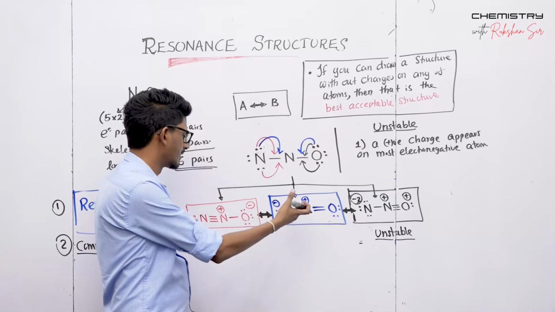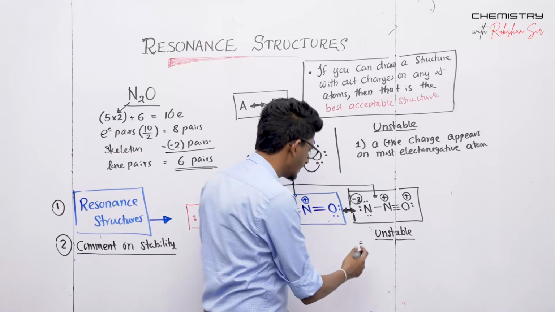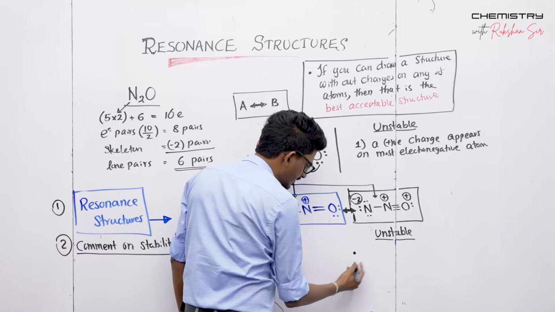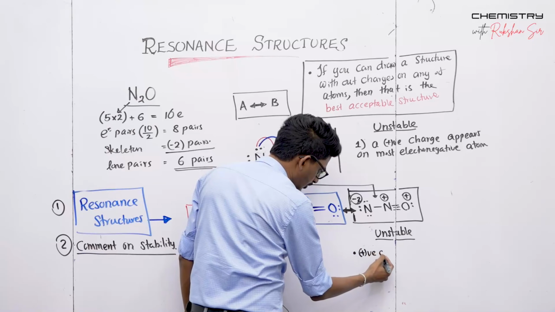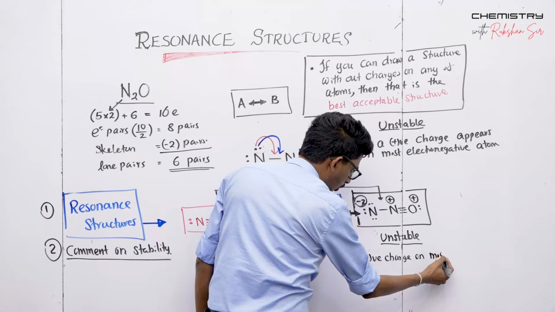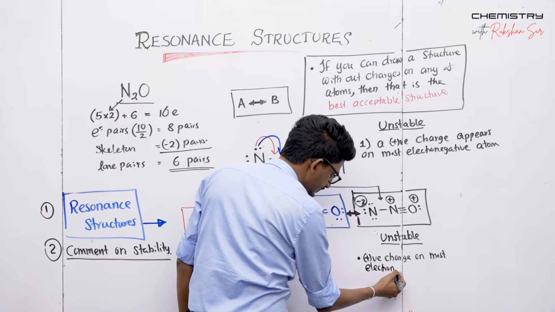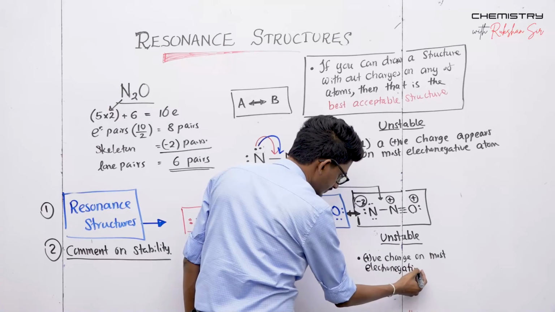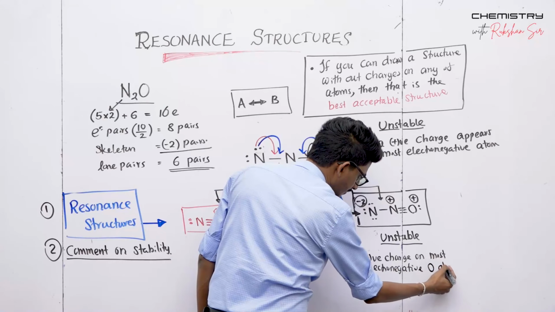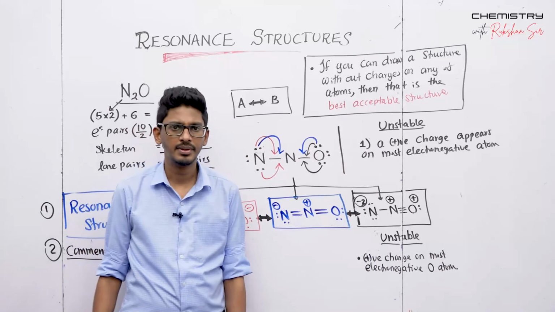The other structures do not have such a problem. What is the reason? You can write the reason: positive charge on the most electronegative oxygen atom. That is the reason for it to become unstable.